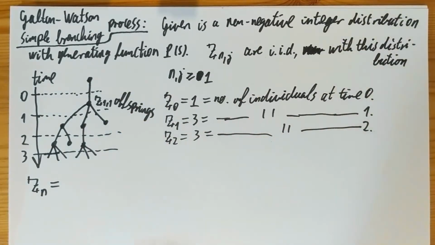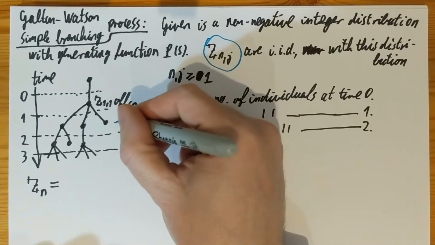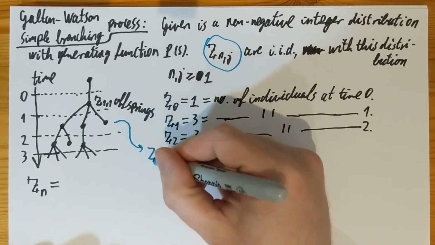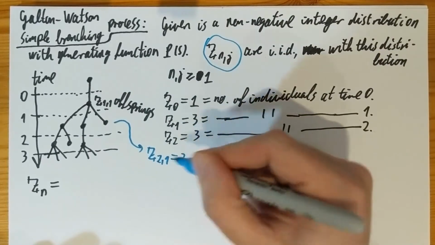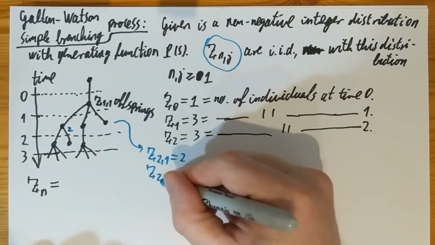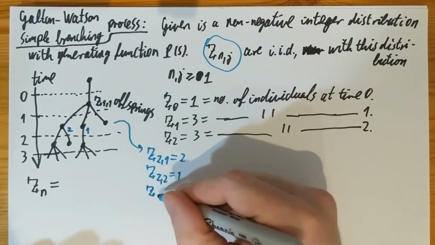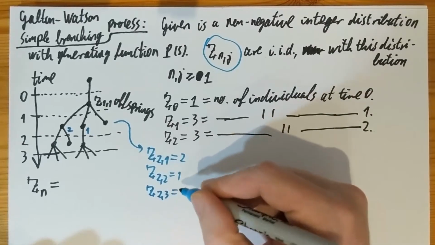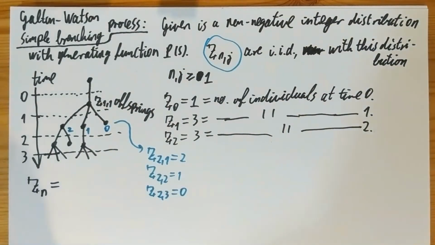In this picture, Z_{2,1} is 2, Z_{2,2} is 1, and Z_{2,3} is 0, because this amoeba didn't have any offsprings.